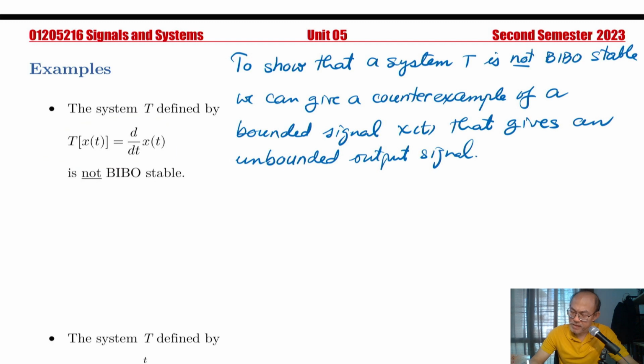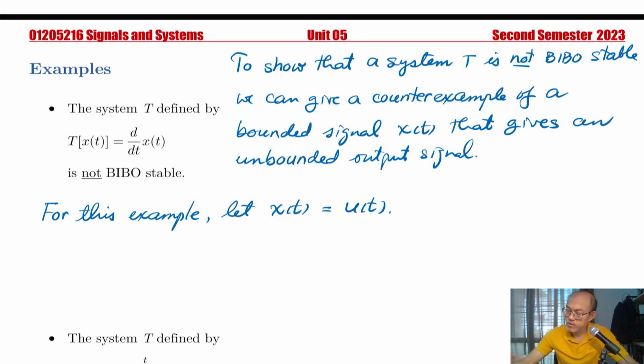So I'm suspecting that this system is not BIBO stable, so I'm going to give a counterexample. I'm going to let the signal x equal the unit step signal. There is a jump at time 0.